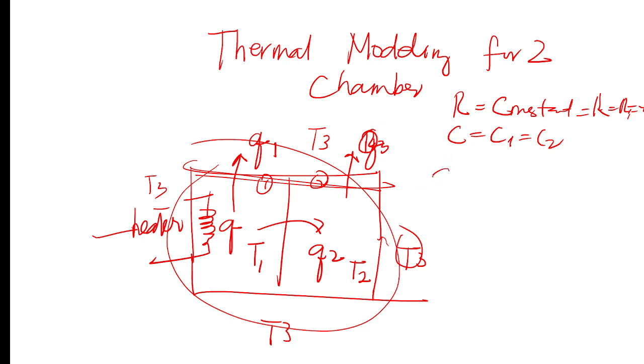Now the heat is Q, this one. Let me pick another color. So this thing here is Q minus Q1 minus Q2, because it goes out here and transfers to the wall of chamber 2. So that is the net heat.